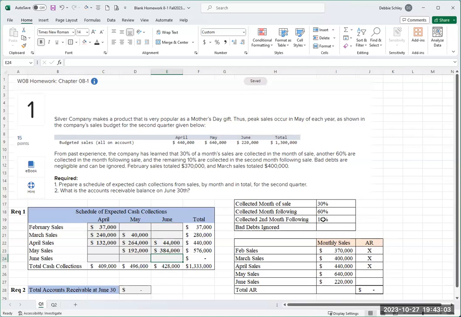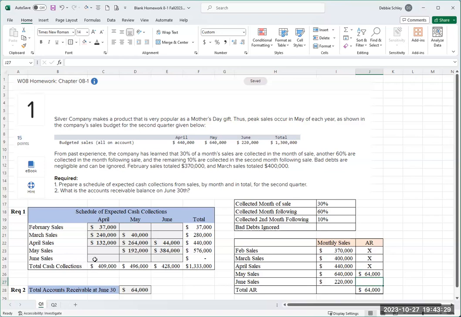That 10% from May sales will be collected in July, so that is still in accounts receivable. May sales still has 10% in accounts receivable. You see where I got that? Because we collected 30%, collected 60%, there's still 10% left on the books.